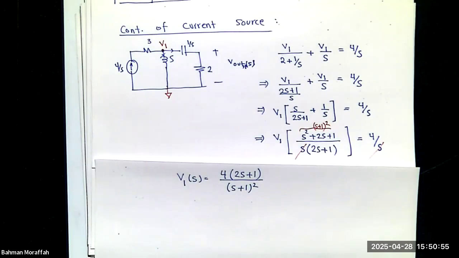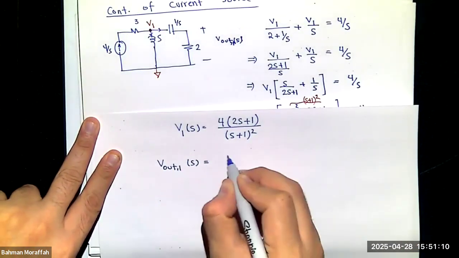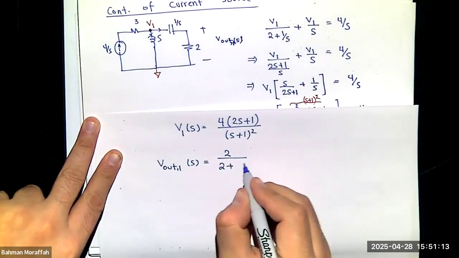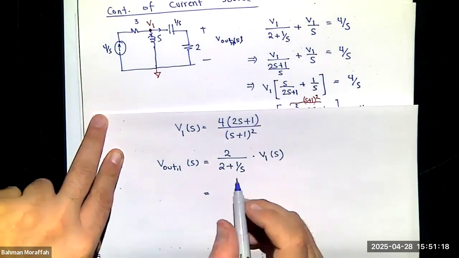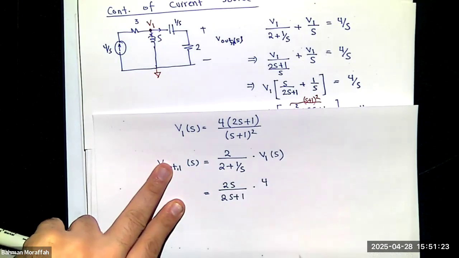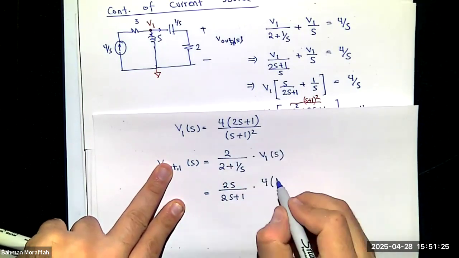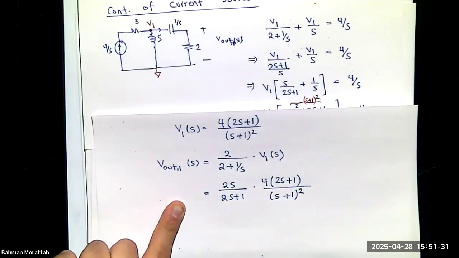It's another voltage divider, right? Because I know V1 minus 0 is the voltage across these 2. Therefore, I know the voltage across this 2 ohm resistance. So V out 1 of S is 2 divided by 2 plus 1 over S times V1, which is 2S divided by 2S plus 1 times 4 times 2S plus 1 divided by S plus 1 squared.